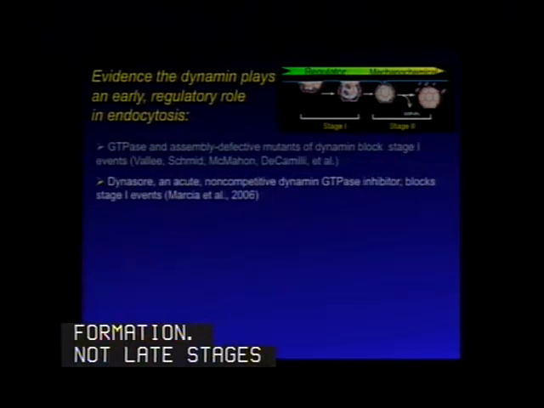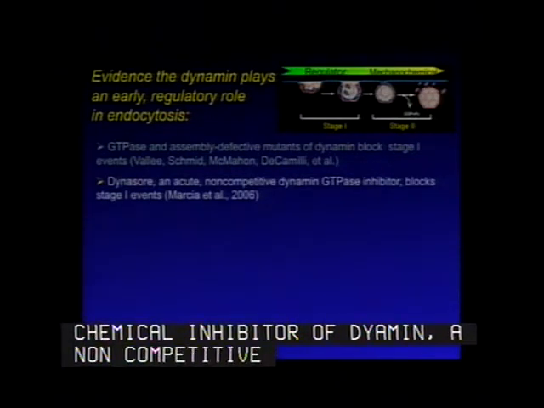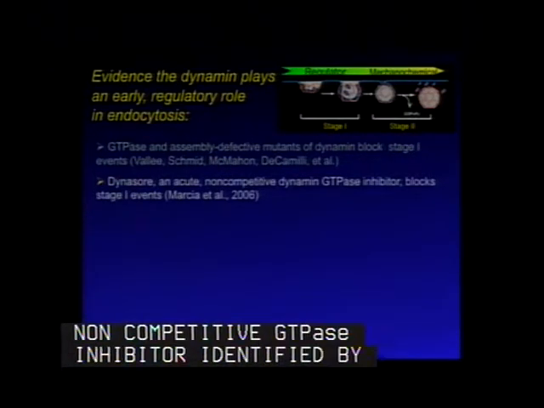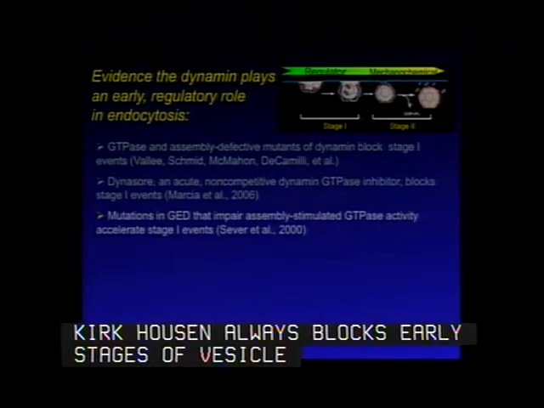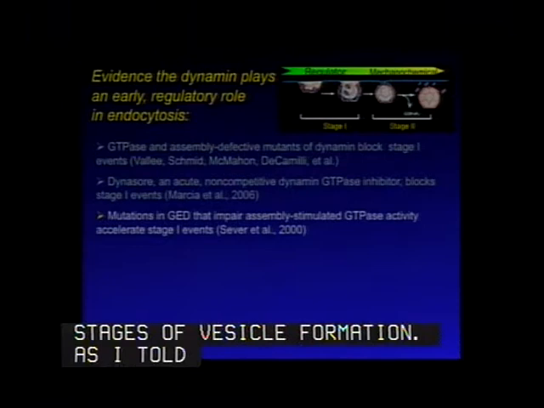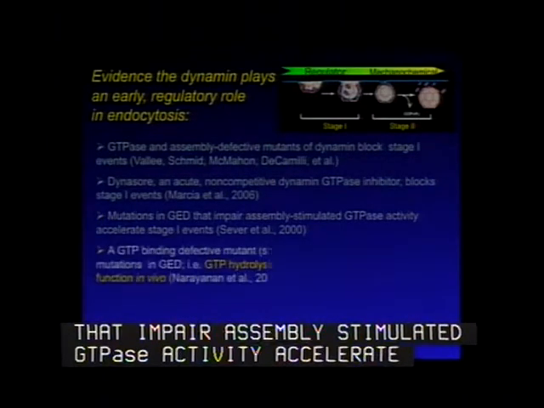A chemical inhibitor of dynamin, a non-competitive GTPase inhibitor identified by Tommy Kirchhausen, also blocks early stages of vesicle formation. As I told you, mutations in GED that impair assembly-stimulated GTPase activity accelerate these early stages in vesicle formation.